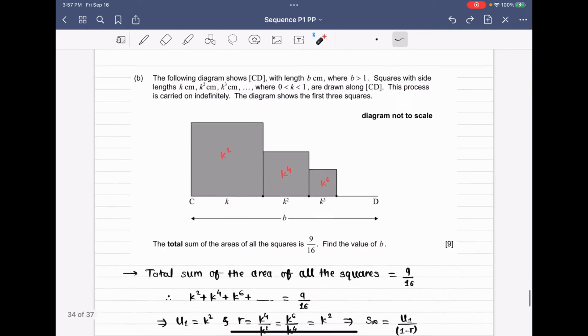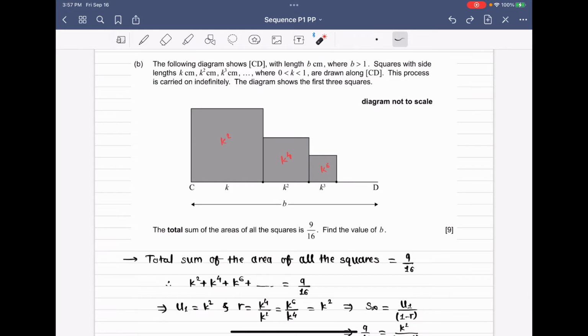Second part. The following diagram shows CD. Previous case it was AB, now it is CD, with total length between C and D being B, where B is greater than 1. Squares with side lengths K, K square and K cube centimeters, where K is between 0 and 1, are drawn along CD.